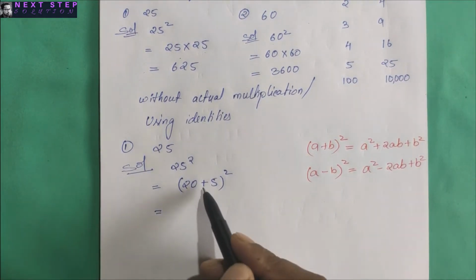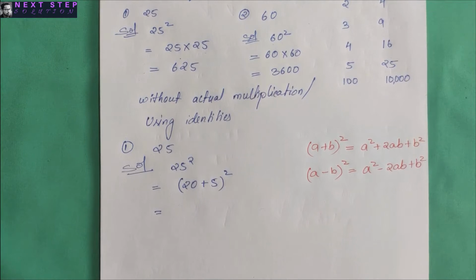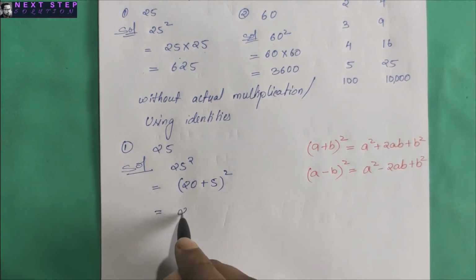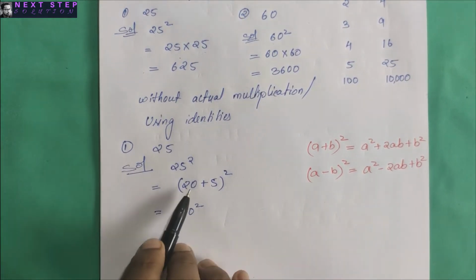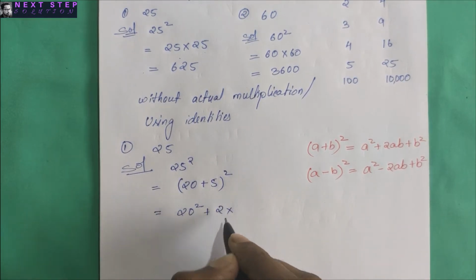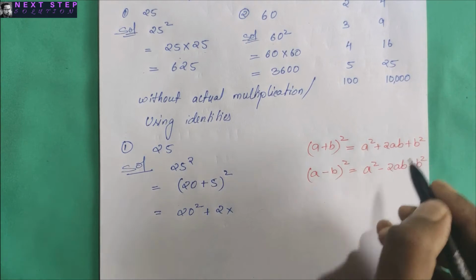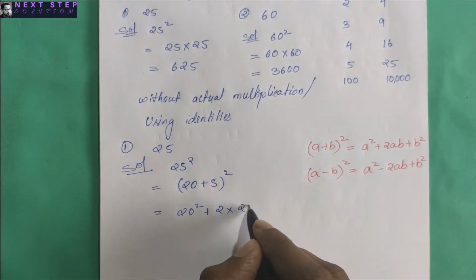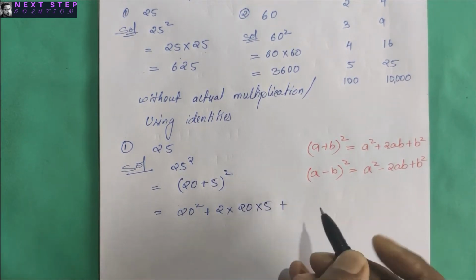Now in this case we are going to use the plus formula, so we can write it as a square. The first number is your a and the second number is your b. A square plus 2 times ab, so 2 times a into b, plus b square.